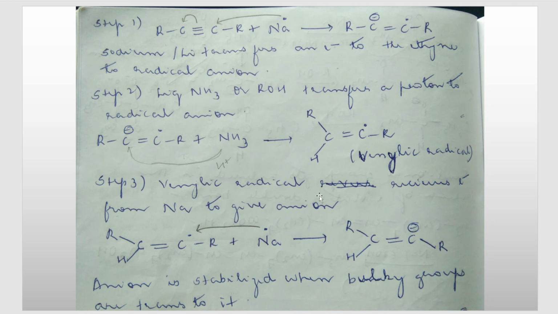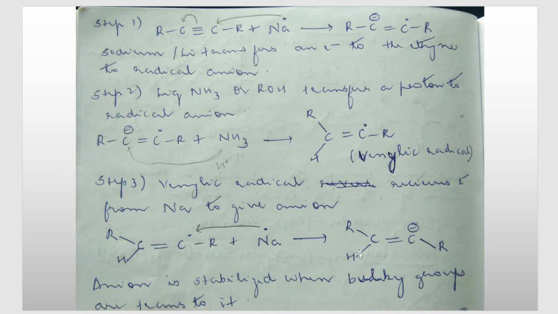In the third step, the vinylic radical receives an electron from sodium to become an anion. So this is the vinylic radical obtained in step number 2. Once again, one more sodium metal present in the reaction medium will give another electron, so it will become an anion, and this anion is stabilized when there are bulky groups trans to it.